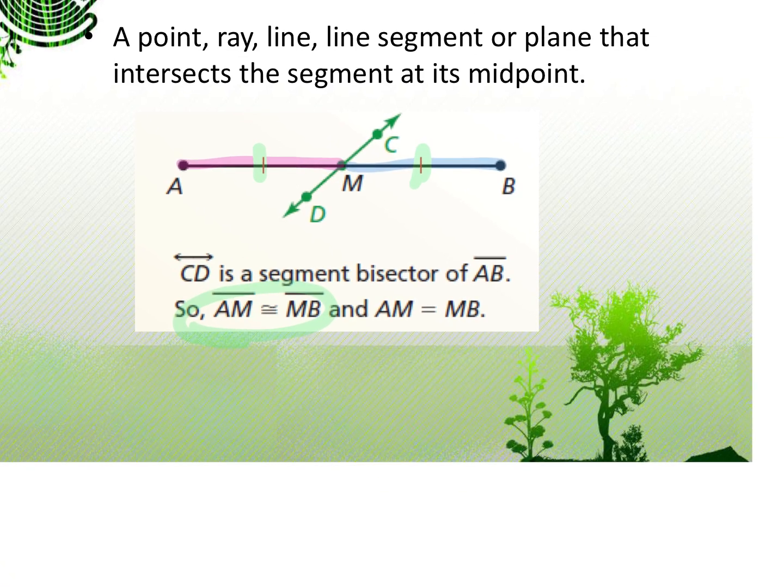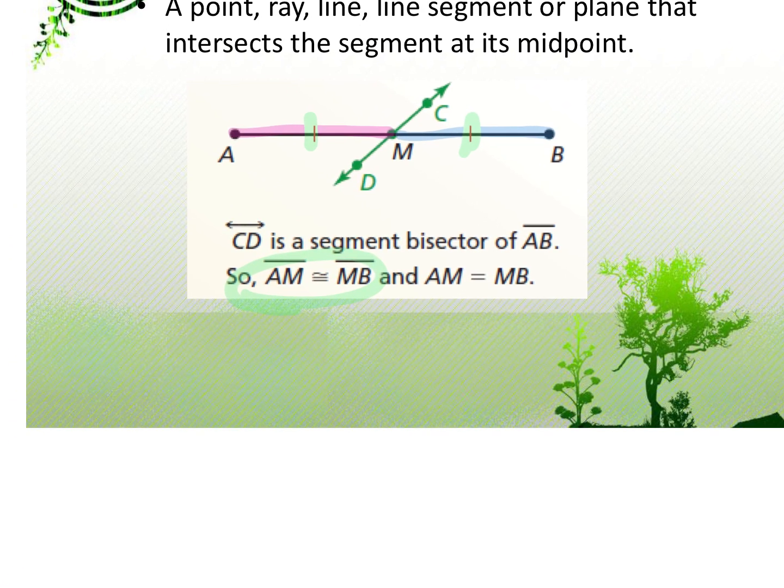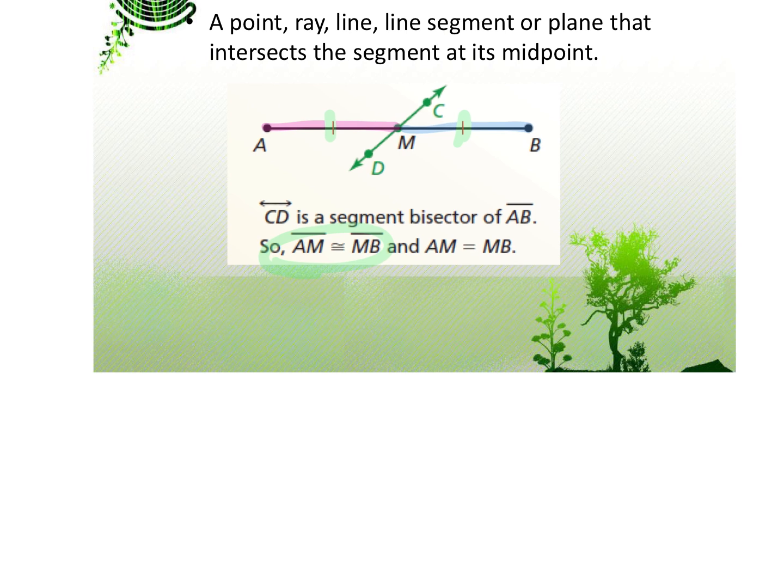Now, let me draw another segment and show you a different way that we could bisect it. So let's say we have another segment here. And I'm going to still call it AB. But this time, my bisector could be a ray.